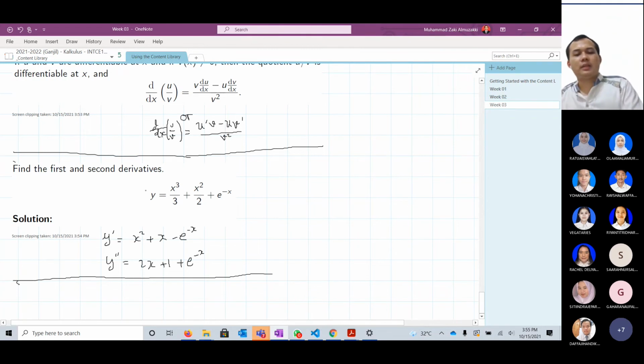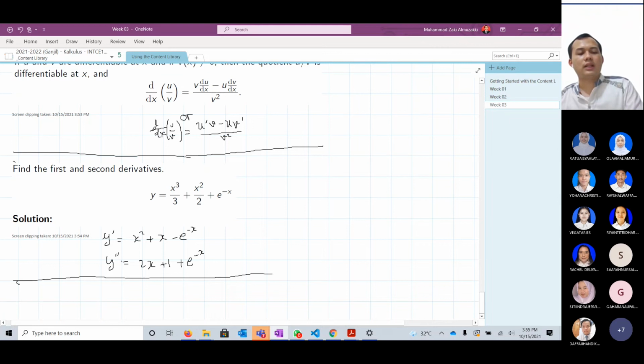Jadi turunan pertamanya dari x pangkat 3/3 adalah x kuadrat. x kuadrat per 2 turunan pertamanya adalah x. e pangkat min x turunan pertamanya adalah min e pangkat min x. Sehingga kita punya turunan pertama dari y adalah y aksen, yaitu x kuadrat plus x min e pangkat min x.